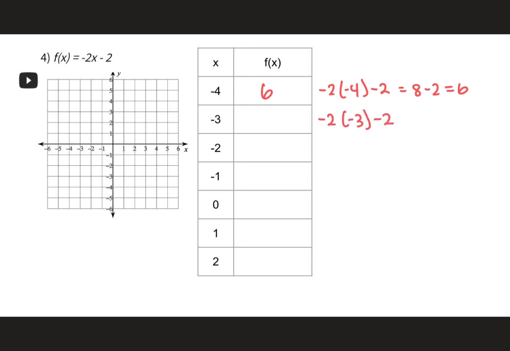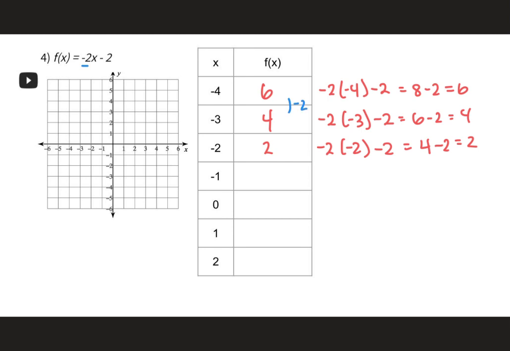So negative 3 times negative 2 is 6. And 6 minus 2 is 4. Now I'm going to plug in negative 2. Negative 2 times negative 2 is positive 4 minus 2. That gives me 2. For the rest of these, I'm just going to use the common difference of negative 2.